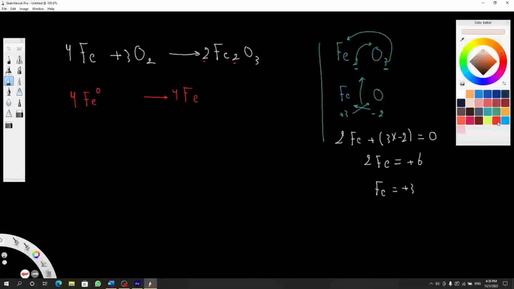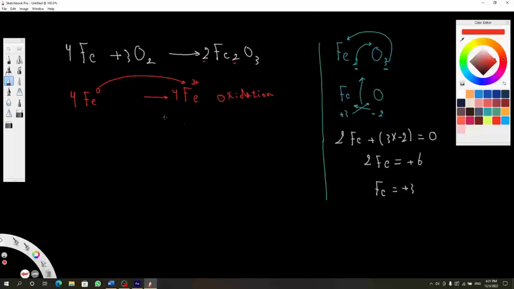Okay, now back to writing the half ionic equation. Here we have 4 iron ions with an oxidation state of 3 positive. This is an increase in oxidation state from 0 to 3 positive, which means that this is an oxidation and that iron lost electrons. The question is, how many electrons did iron actually lose?